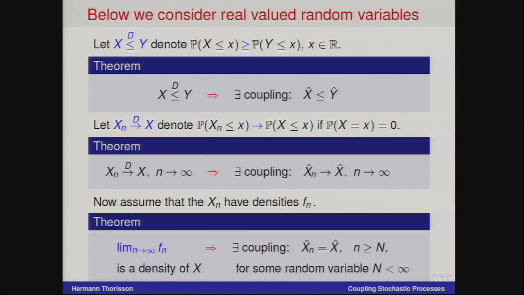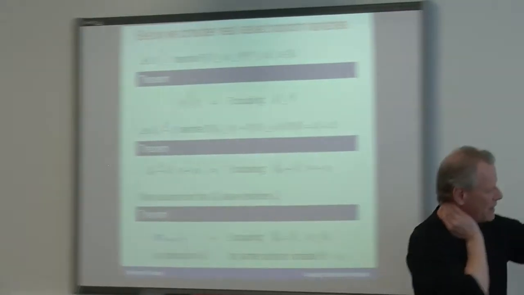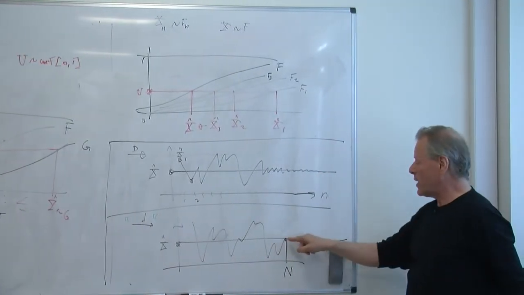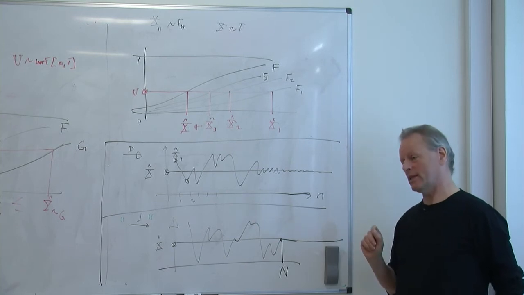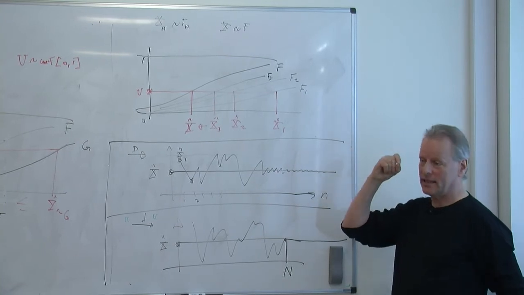Okay, so this is where we started. I was just illustrating this limit here. Okay, but what is the difference here? Well, this is convergence in the discrete metric, where points are close if and only if they are identical.